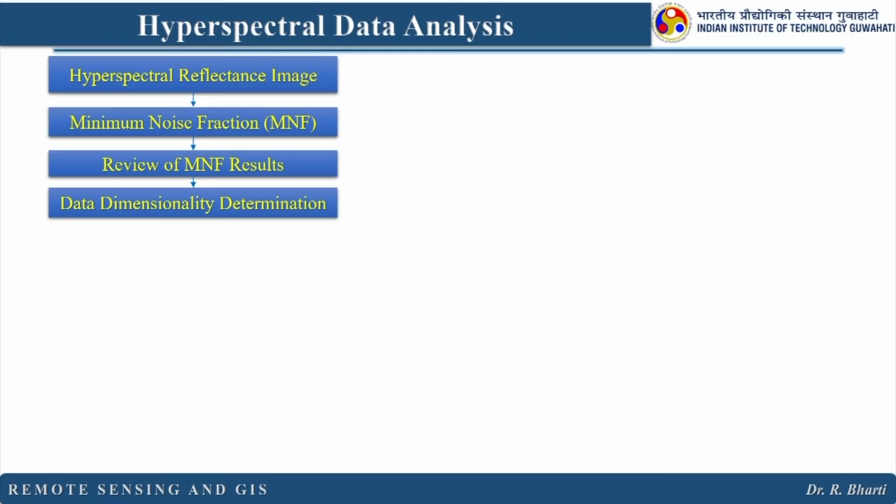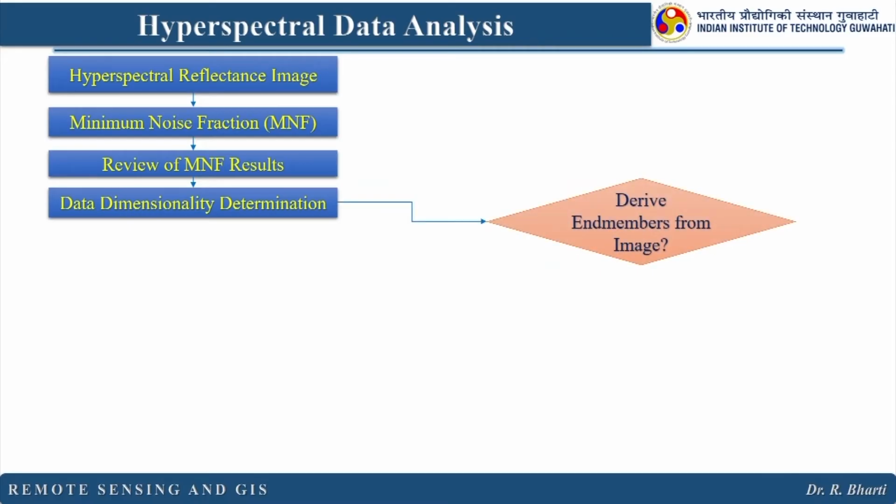After this processing we consider that we have unique reflectance values for different materials in those images, right? Now we need to derive the end members. I hope you remember the end members. End members are unique and pure spectra of any given material or object, right? I will discuss this again.